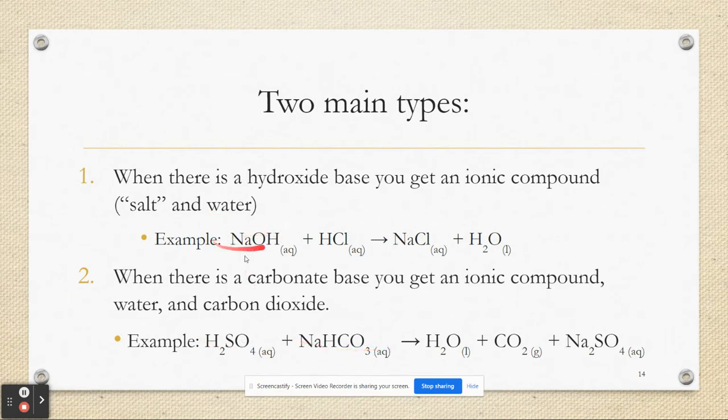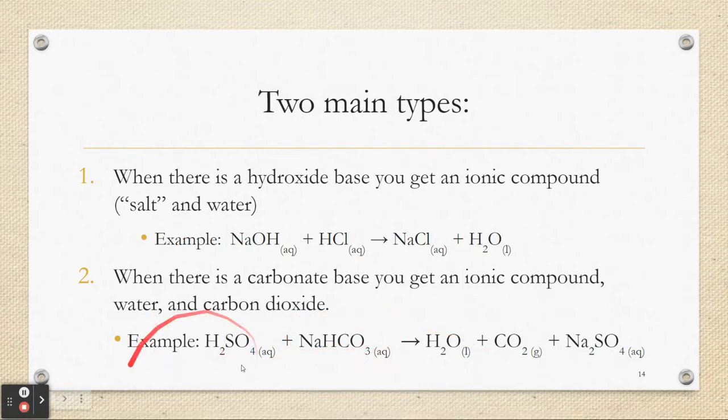Remember, bases typically do have hydroxides, but they can also be carbonate type bases, and that can lead to a neutralization reaction as well. This here is sodium bicarbonate, which is just baking soda, and it's reacting with sulfuric acid over here. And so you would carry this out in 2 steps, and we saw this in a previous video for double displacement reactions. In this video, we're going to focus on these type of acid-base reactions over here.